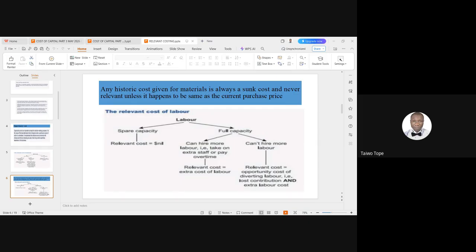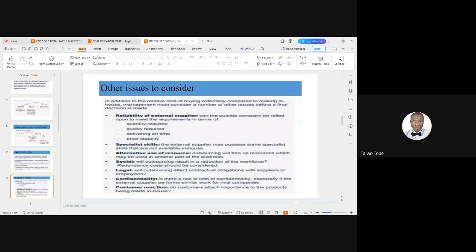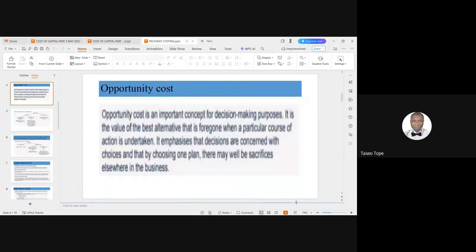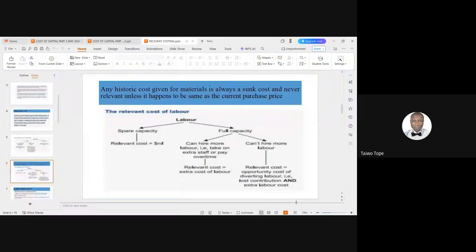So you can have a case of variable overhead. Variable overhead always varies with activity. So you agree that variable overhead will be a relevant cost.